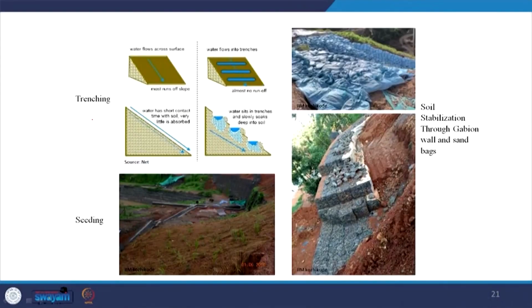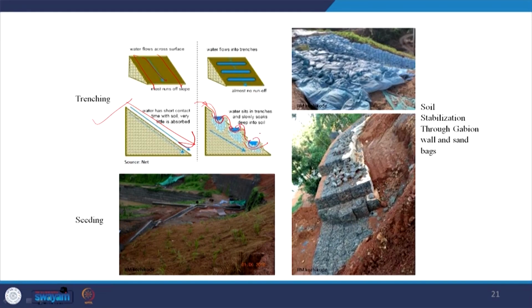Besides sedimentation tanks, we can also look at trenching. So instead of a regular slope, this slope can be broken. So smaller trenches are created. Now once the water comes, instead of running directly, water comes here, collects, so the speed is broken, and once it overfills, it is further flowing, again the speed is broken, and like that.